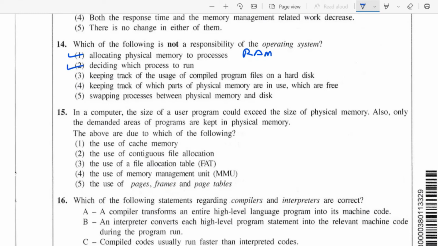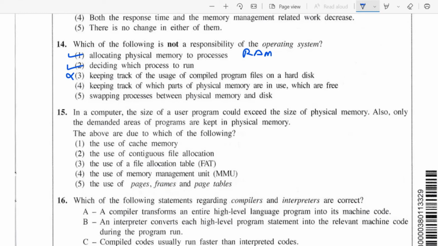Keeping track of the usage of compiled program files on a hard disk. Now, there can be many compiled program files in the hard drive. So operating system has no need to keep track of this information. Keeping track of which parts of physical memory are in use, which are free.